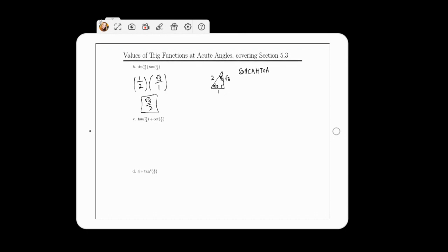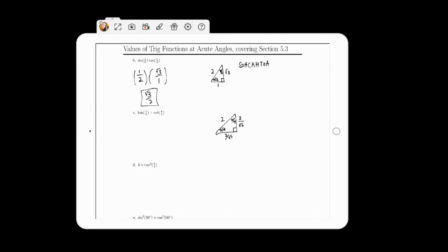Okay, then when it comes to tangent of pi over 4 plus cotangent of pi over 4, this time we have this other triangle with pi over 4 in both of the angles. For example, if we have the hypotenuse to be 2 again, then this will be 2 over root 2 and then 2 over root 2.